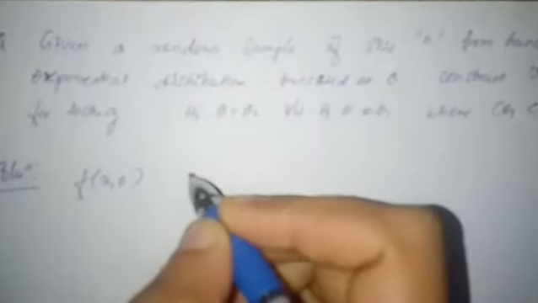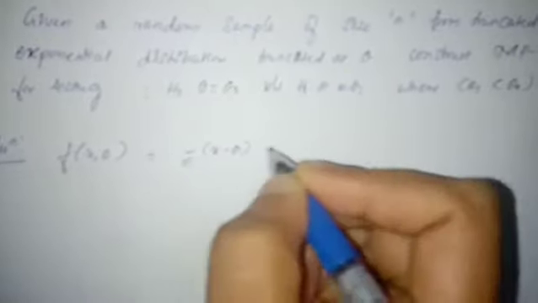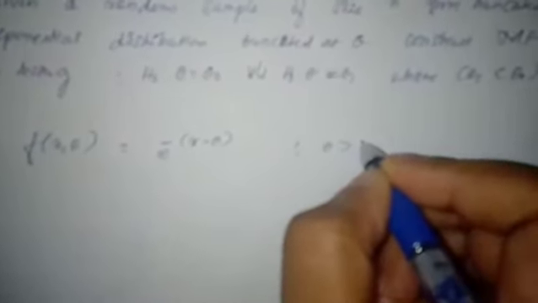So what is the density of the truncated exponential distribution truncated at theta? That is f of x, theta equal to e to the power minus (x minus theta), where theta is greater than 0.